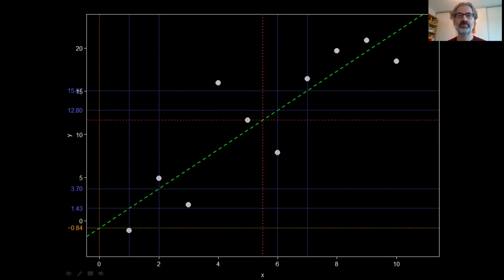An important property of this line is that the predicted value when x is the mean of all our x values, the predicted value of y is actually the mean of all our y values. So the lines of the two means for the x and y variable meet on this prediction line. This is an important property of this line.